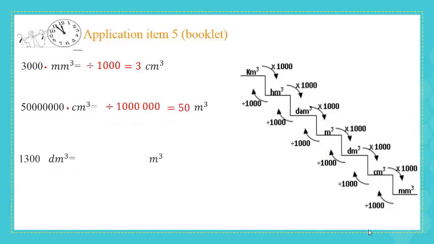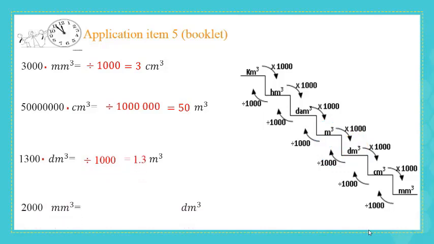How can I convert 1300 decimeter cube into meter cube? On the scale of meter cube, from decimeter cube into meter cube there is one jump, so divide by 1000. 1.3 meter cube.